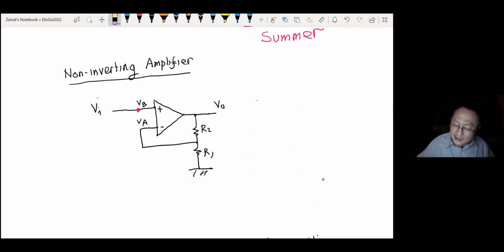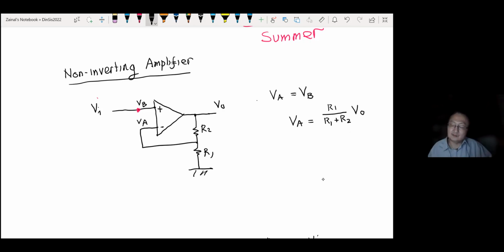Okay. We know that VA is equal to VB, right? VA is R1 divided by R1 plus R2 times VO. That's VA. VB is equal to VI.